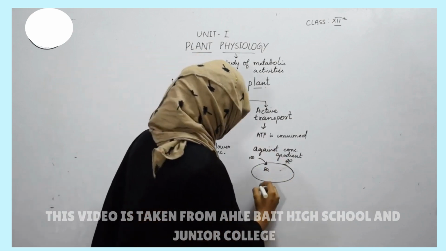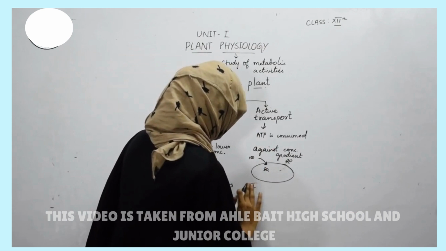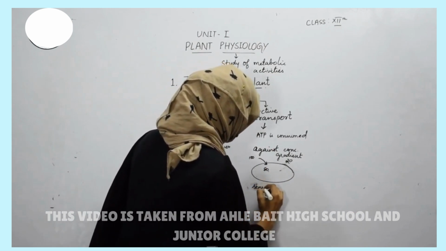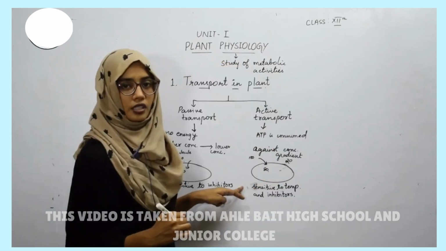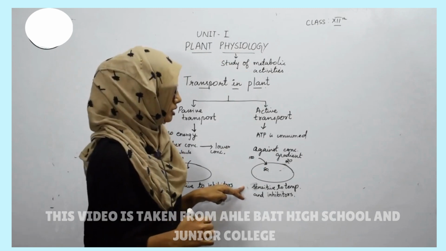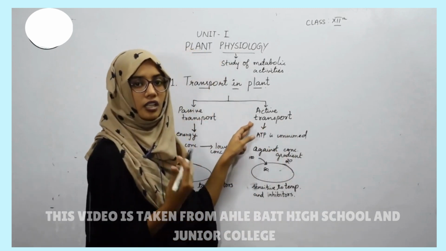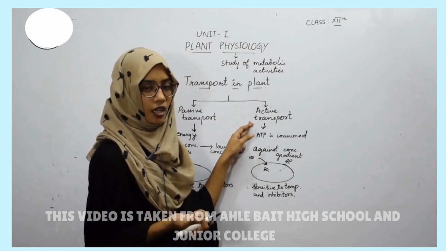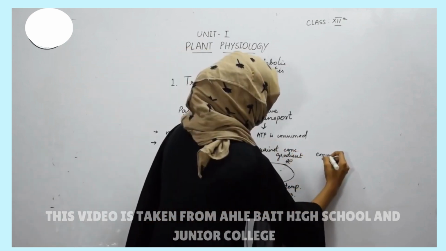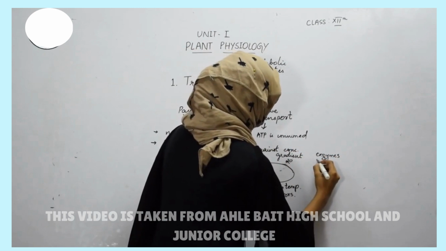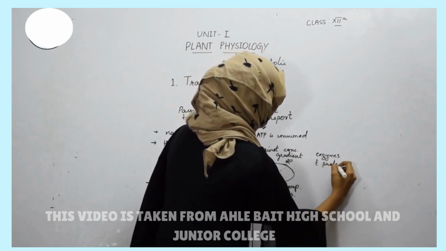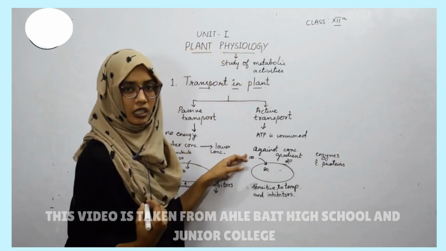When we talk about the active transport, it is sensitive to temperature as well as inhibitors. How is it sensitive to temperature and inhibitors? Let's see. We know that in active type of transport, energy is required, ATP is required. Along with the ATP, some enzymes and proteins take part in transporting the materials.